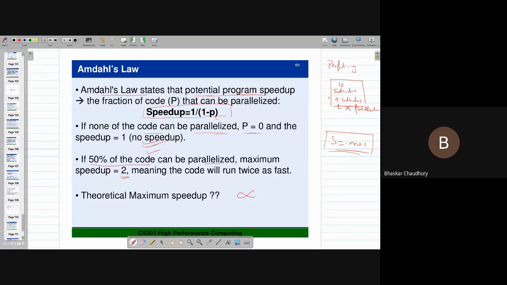The profiler will actually tell you how much time you spend on those 9 subroutines and how much you spent on that one particular subroutine, right? This part is clear? Yes, sir. And from there I can get the fraction. Because you are doing the profiling on your serial code, step one is that you do profiling on your serial code.